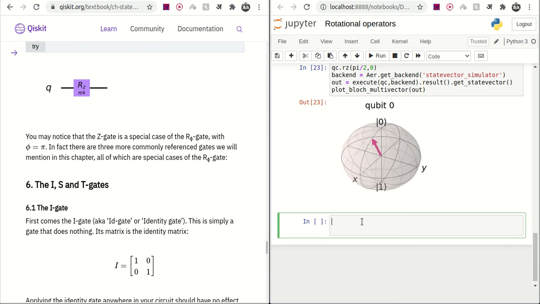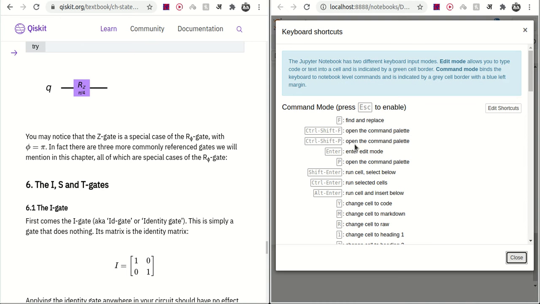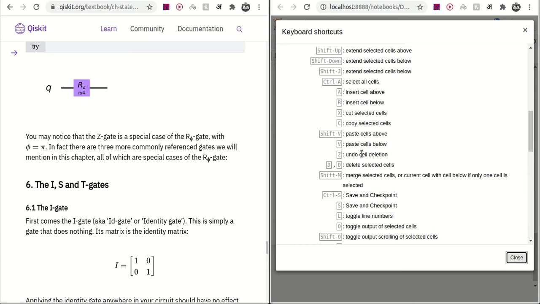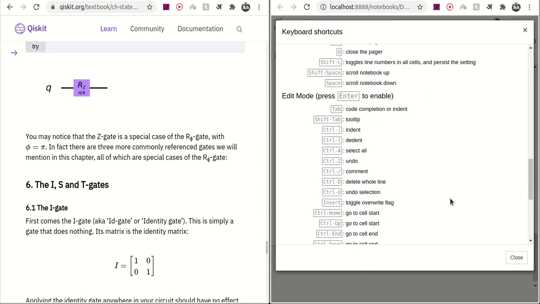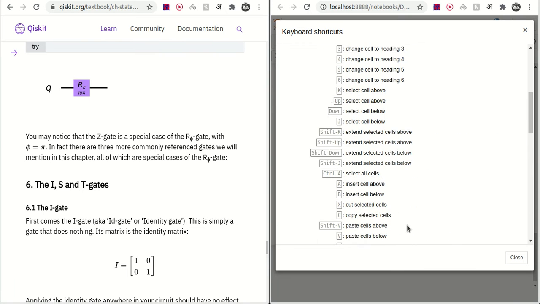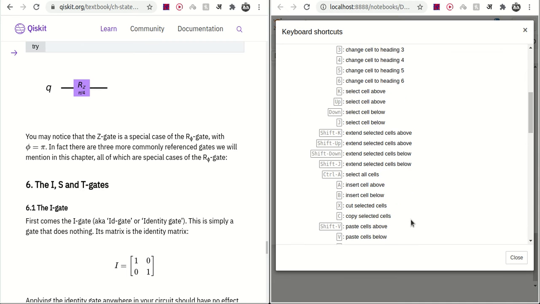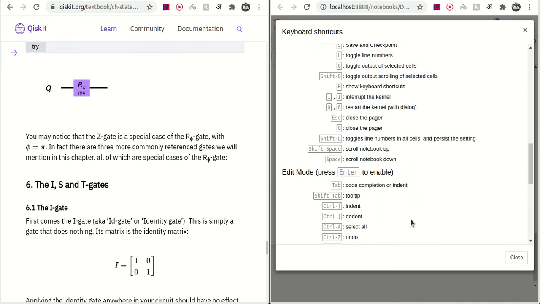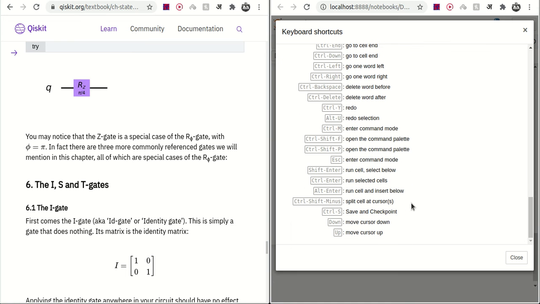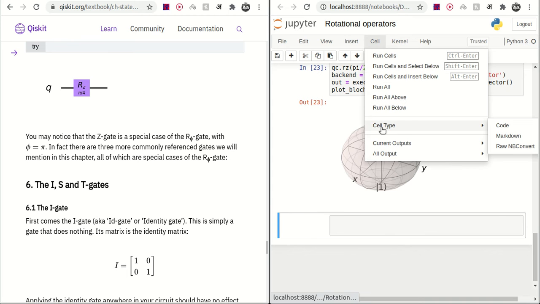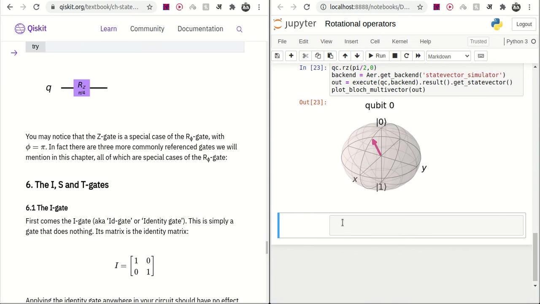The first case is the I gate. This is now the I gate.